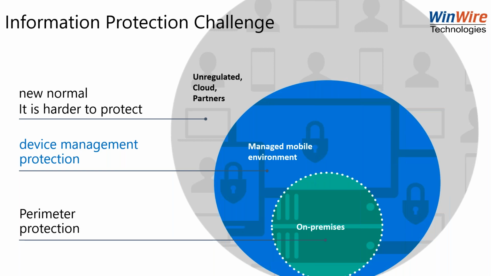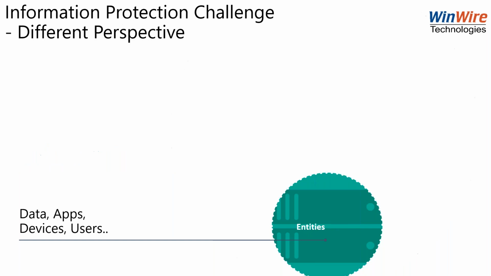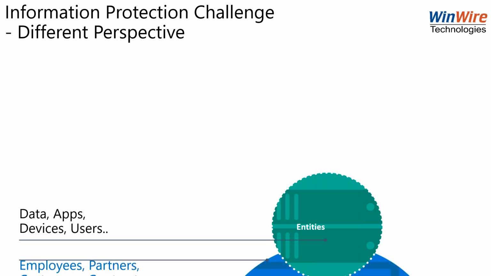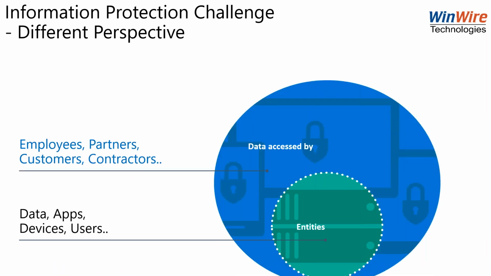I just want to take a minute and probably put a different perspective on the same set of information I have. What are we talking about? What is the protection we are talking about, right? So we have data, we have apps, and we have multiple devices, and then different types of users, right? So that's the initial part. When we talk about users, the data in today's world is accessed by employees or even contractors, sometimes partners, customers.